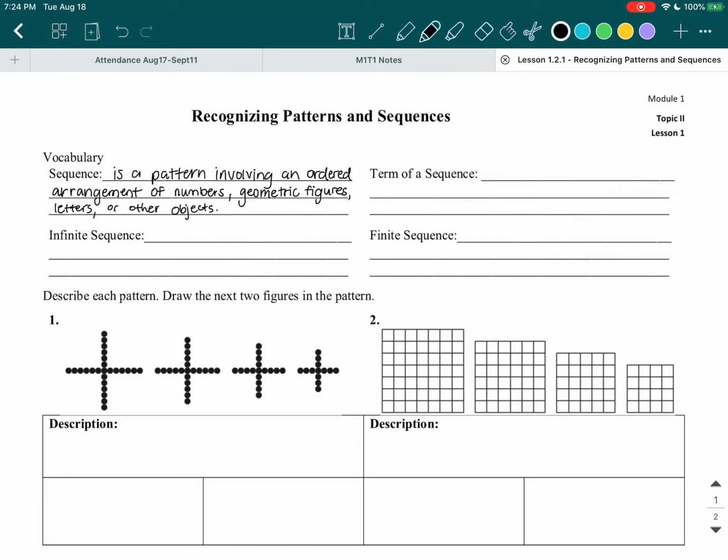So in other words, it's a pattern of things, okay? A pattern of things.